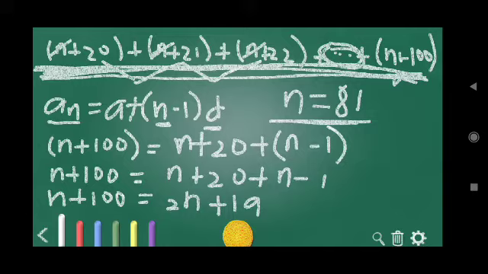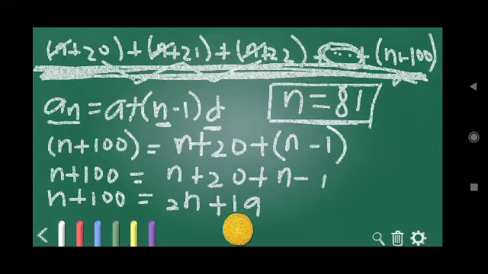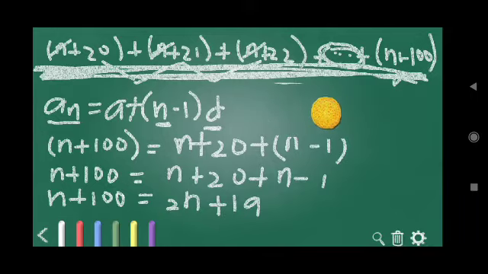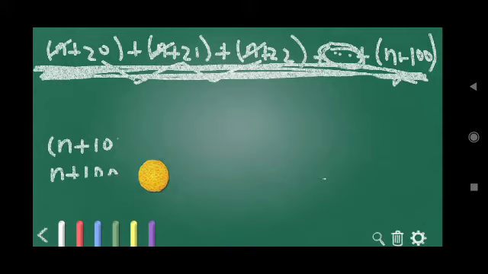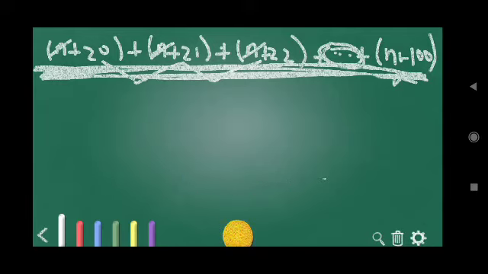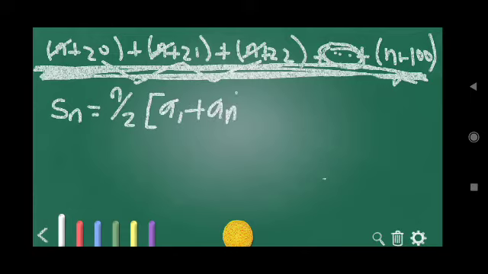What does this mean? That means that for all of these expressions from n plus 20 to n plus 100, there are 81 terms being added all together. So now, since you have the value for your n, which is, remember, 81, we can now solve for the sum, which is S sub n equals n over 2 times a sub 1 plus a sub n.